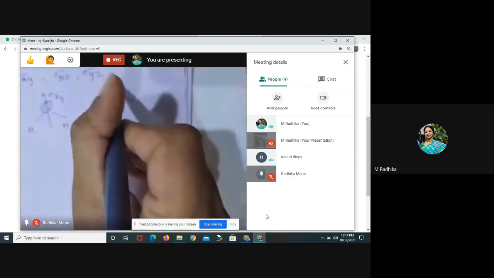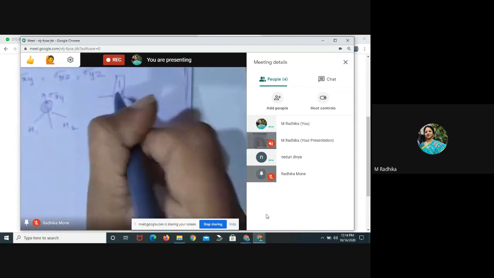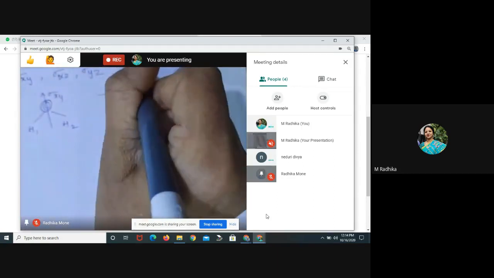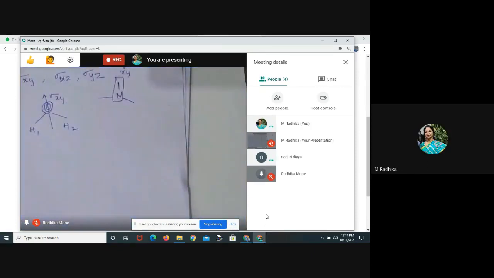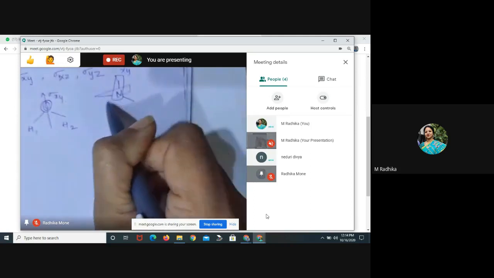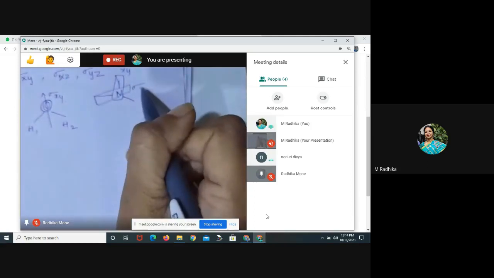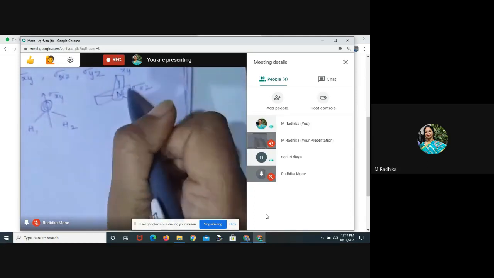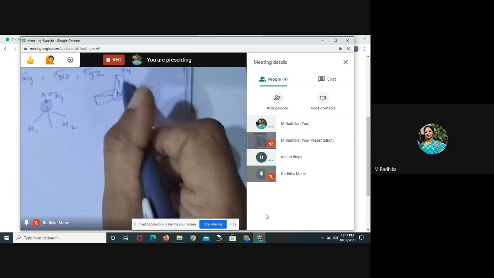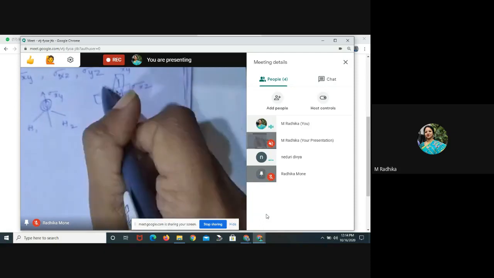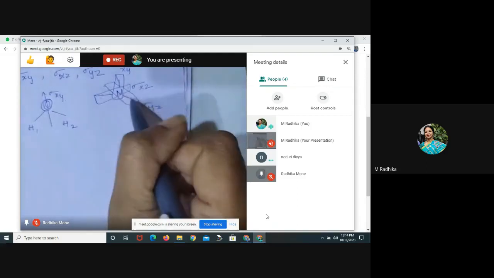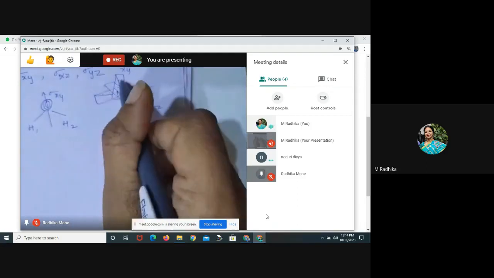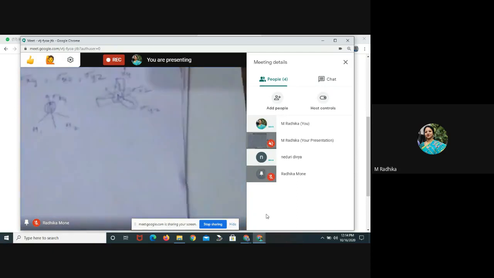If I take this as the xy plane, these two will not change position. If I take this as sigma xz, these two will not change position, the other two will change. Now if I take the other plane, sigma yz, these two will not change position, the other two will change. Is it clear?